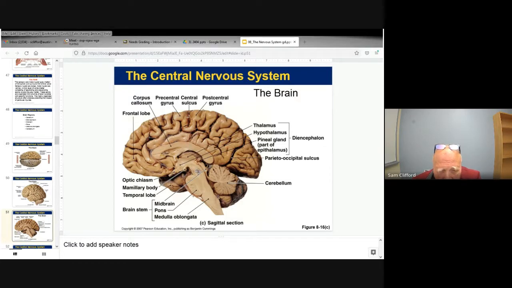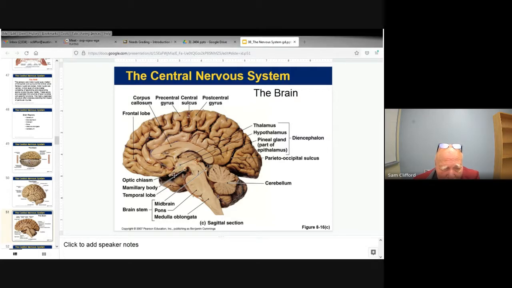The hypothalamus is very important for connecting to the pituitary gland, which attaches right here. A lot of regulation of breathing, respiration, heartbeat and hormones takes place from the central nervous system into the pituitary gland.